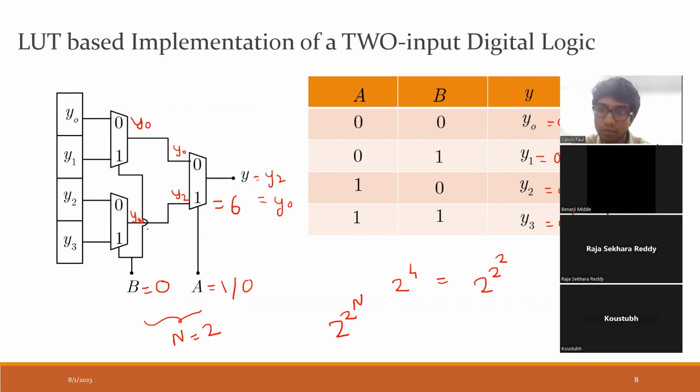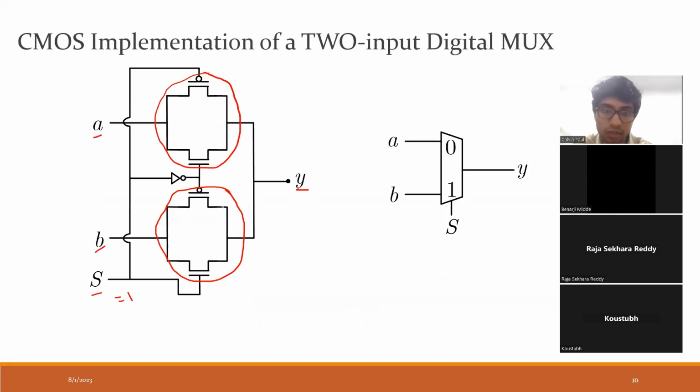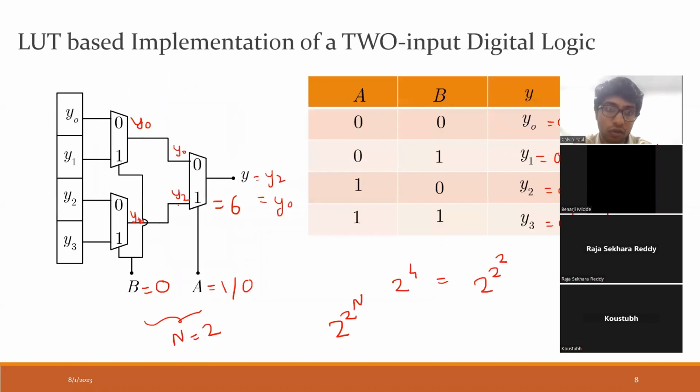That NOT gate can be common for this mux as well as this mux. So the number of transistors required is 4 plus 4 plus 2, that is 10 transistors required for this section of 2 digital muxes.